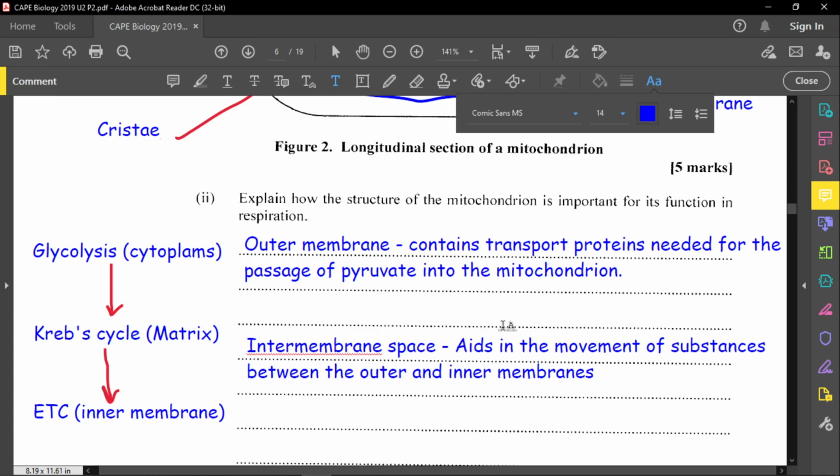It's very important that substances pass through the intermembrane space to get into the matrix and also into the inner membrane.